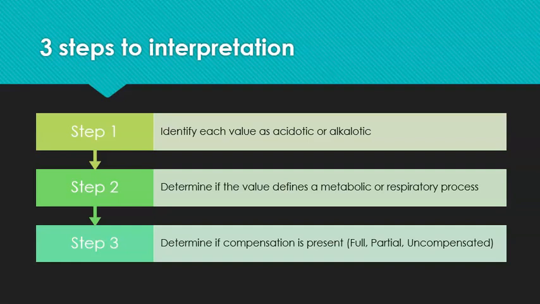It's trying to pull that pH back into the normal range. And then uncompensation refers to all values being out of range and neither system working to correct the imbalance.